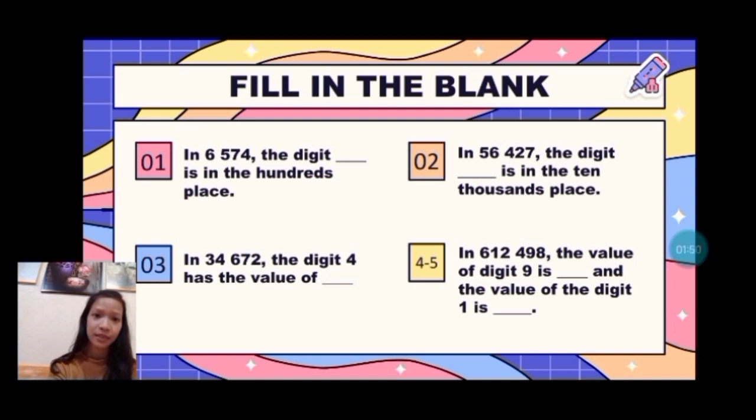In number 3, the digit 4 has the value of? Correct. It's the thousands. How about in number 4? The value of digit 9 is? Correct. It's tens. And the value of the digit 1 is 10,000. Correct.